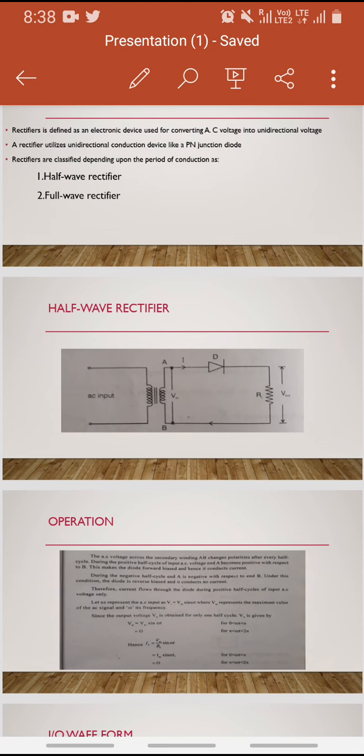During the positive half cycle of AC, the voltage at A becomes positive with respect to B. This makes the diode forward biased, and hence it conducts current.